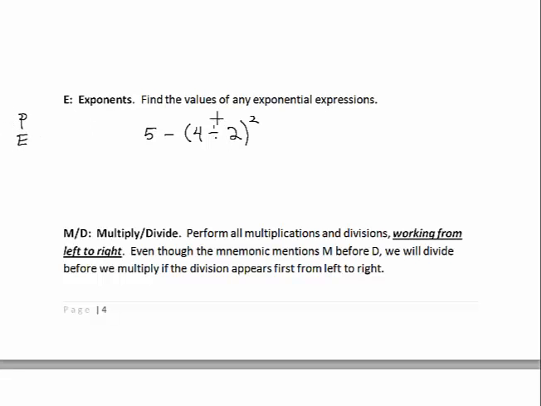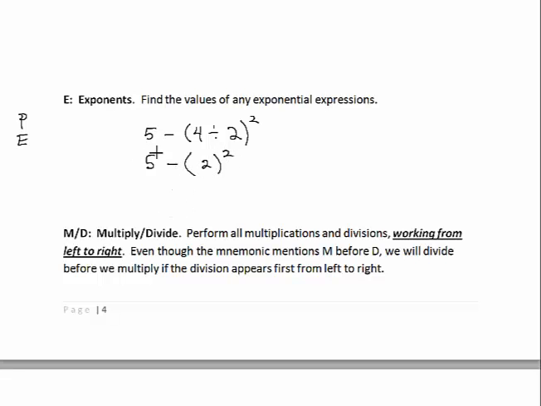P is for parentheses, so we do the same thing that we did before. We start inside the parentheses. 4 divided by 2. The 2 is the exponent. It's on the outside, so we ignore it. We would simply write 4 divided by 2 is 2, and then copy everything down exactly the way it's written above on the outside of the parentheses.